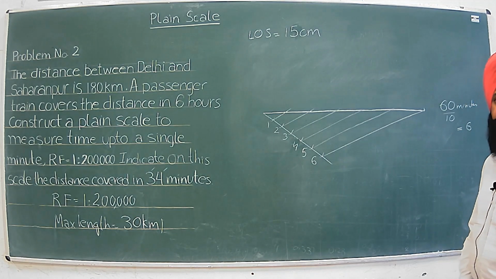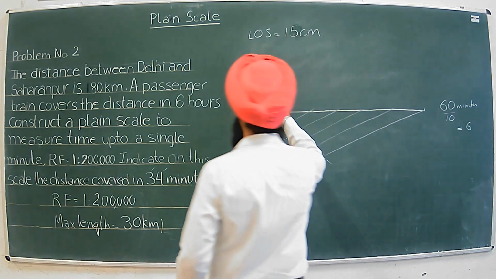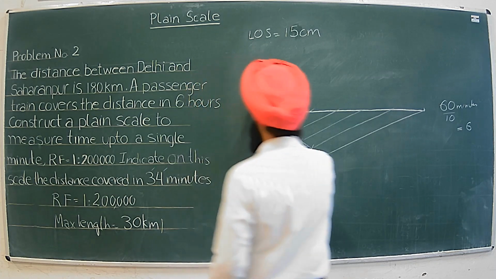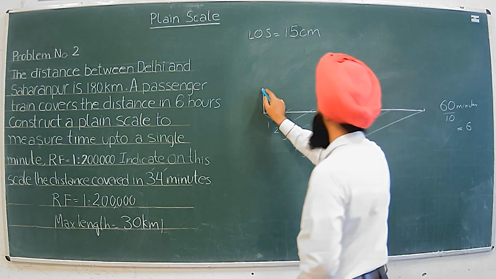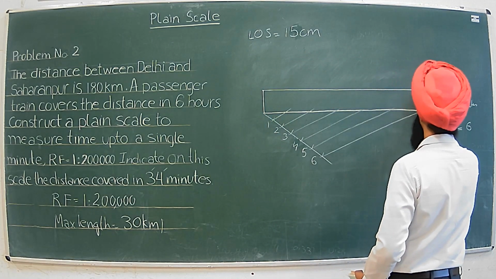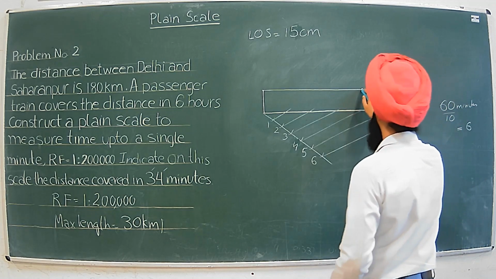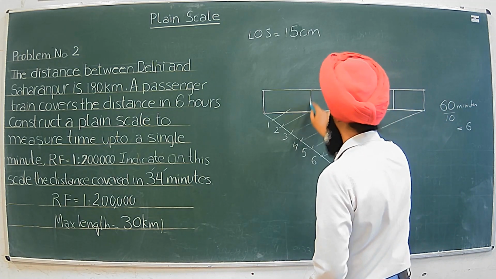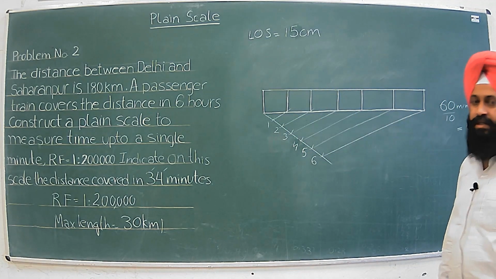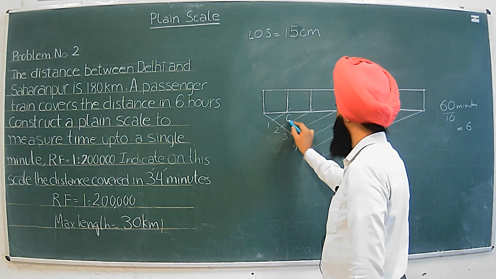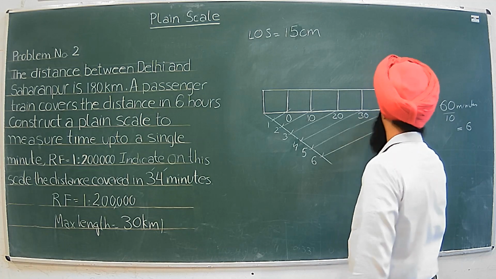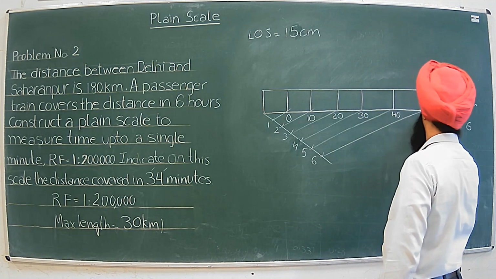Okay, complete the scale. Draw this line 20 to 25 mm. Complete the box. Mark the divisions, 6 divisions. Now each division is representing 10 minutes. So here we write 0, 10, 20, 30, 40 and 50.